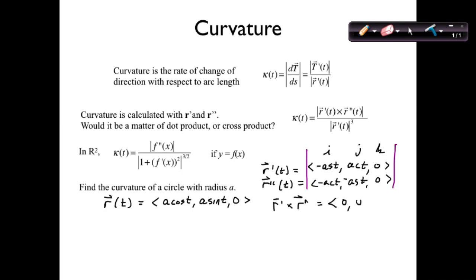That's nice. Finally, the z component is going to be negative A sine squared t, and then going down this way, negative A cosine squared t. Did I do the math right for the cross product?